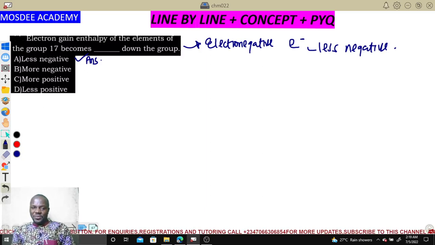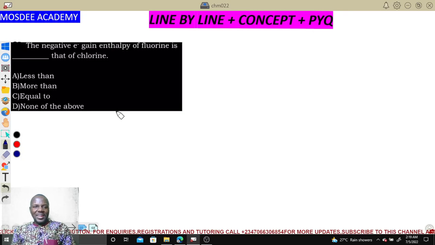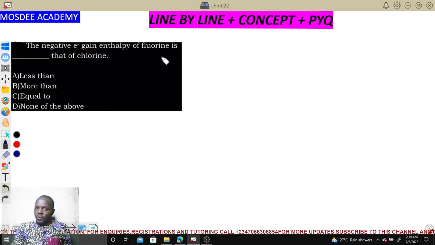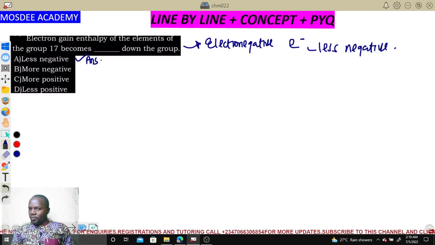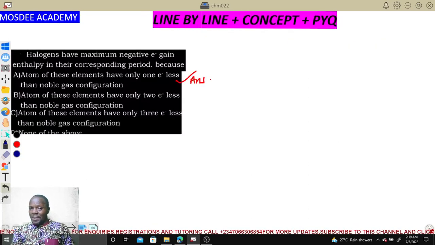The next question. About this, we say the negative electron gain enthalpy of fluorine is dash to chlorine. It is the language form of what we have explained. We said as they go down the group, negative electron gain enthalpy decreases, and across the period, they increase. That is why I call it the line by line concept.